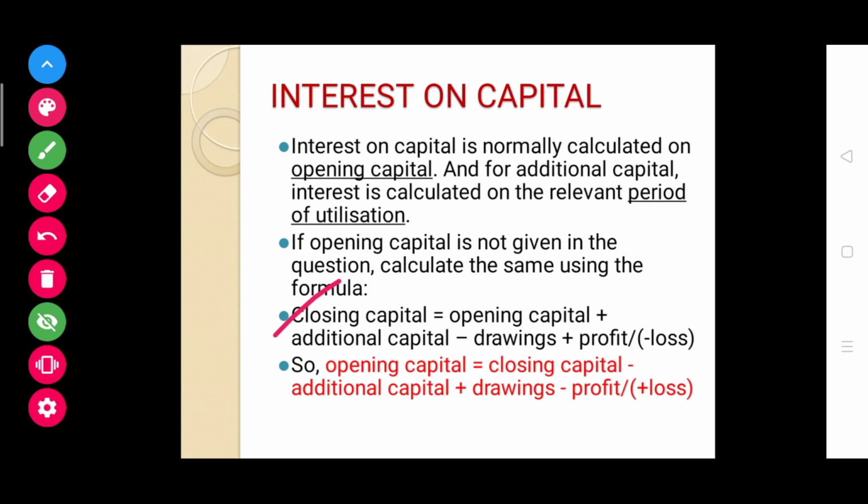So from this formula we can derive the formula for opening capital also. Here is the formula for opening capital, which you have to apply in case closing capital is given in the question.